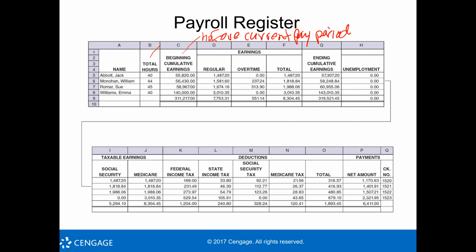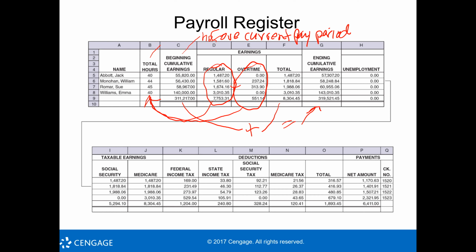And then this is what they earned this period for these hours, plus overtime. Some of them are overtime. So both of these came from these hours, regular and overtime. This was the total. And so we take beginning cumulative earnings plus the total for the week equals ending cumulative earnings.